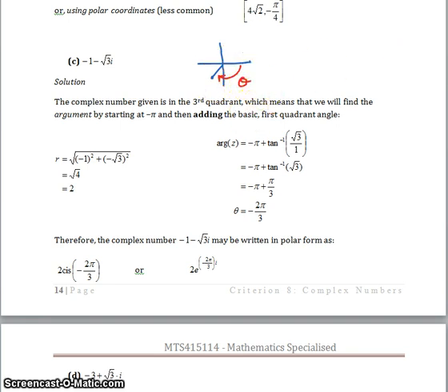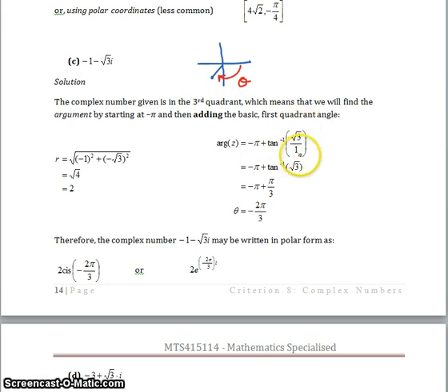So in order to find our argument, we start at negative pi and then add our angle. So argument z then is negative pi plus arctan of our imaginary part over our real part, ignoring the negatives.